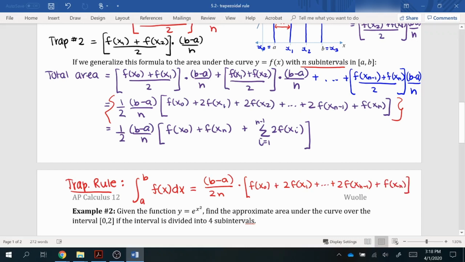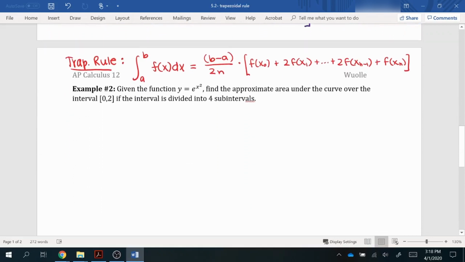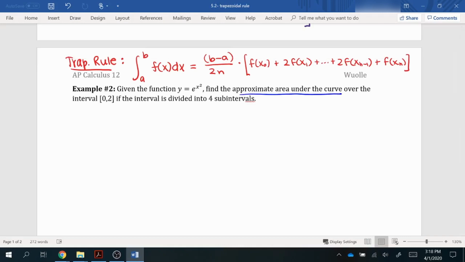So usually they will tell you exactly how many subintervals you'll have in the question. For example, let's say we're given this function. We want to find the approximate area under the curve over this interval using 4 subintervals. So this is my n.